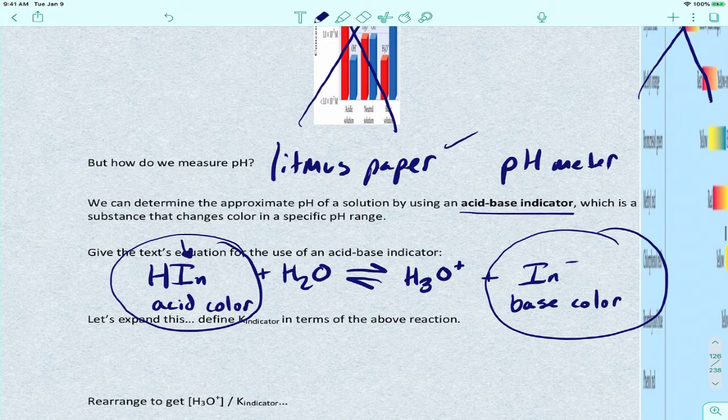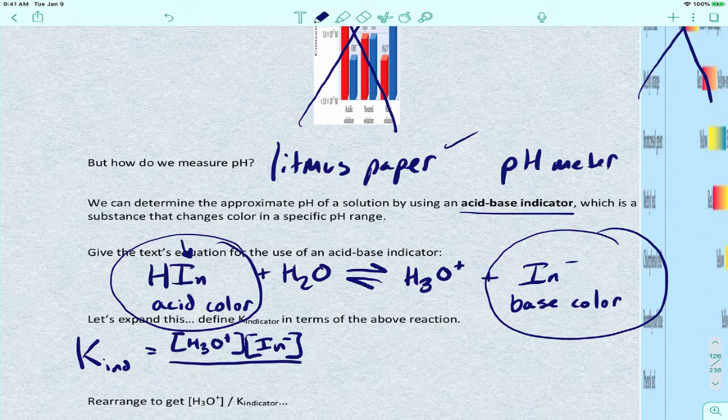So if we're going to define this in terms of the equilibrium of an indicator, the equilibrium constant of the indicator is going to be equal to the concentration of H3O plus times the concentration of the indicator ion divided by the acidic form of the indicator. Okay? All right.